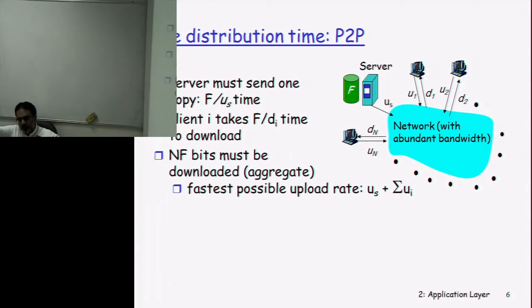One peer will download the copy, and then send it to other hosts. So the first copy has to be uploaded by the server.